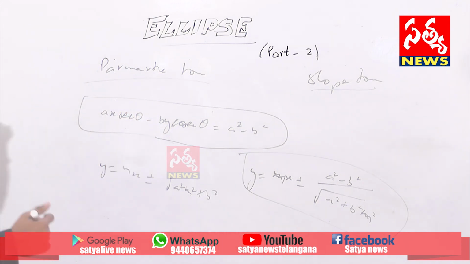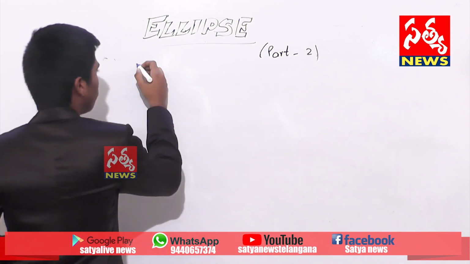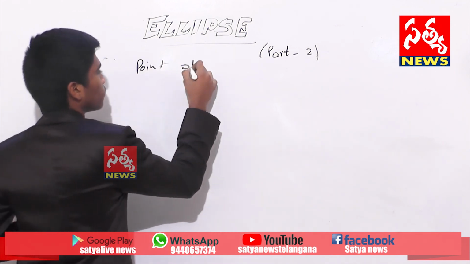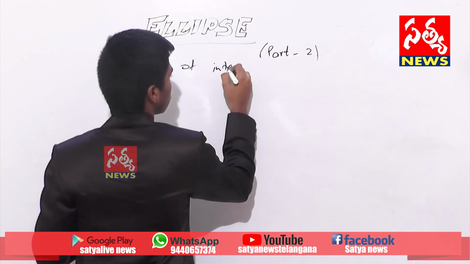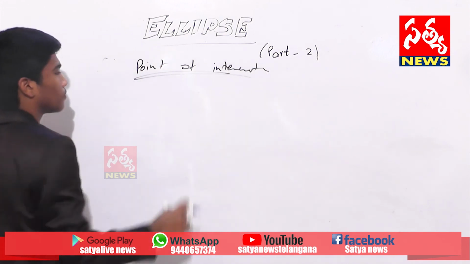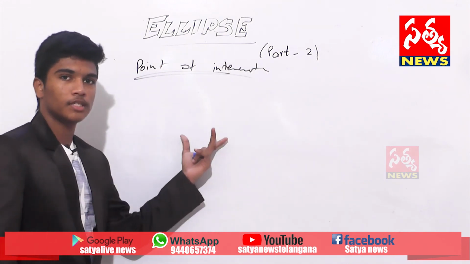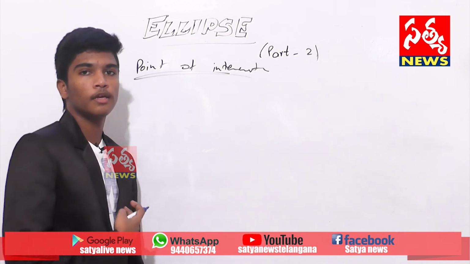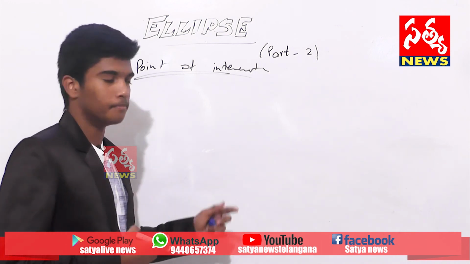And this is the last part of this video, point of intersection. Here we have discussed the point of intersection of the line and the curve, which is the ellipse.